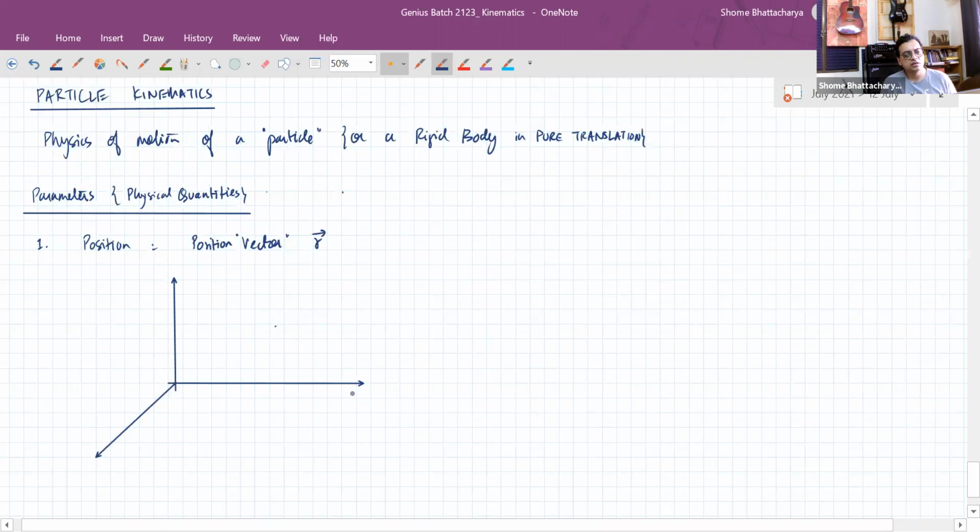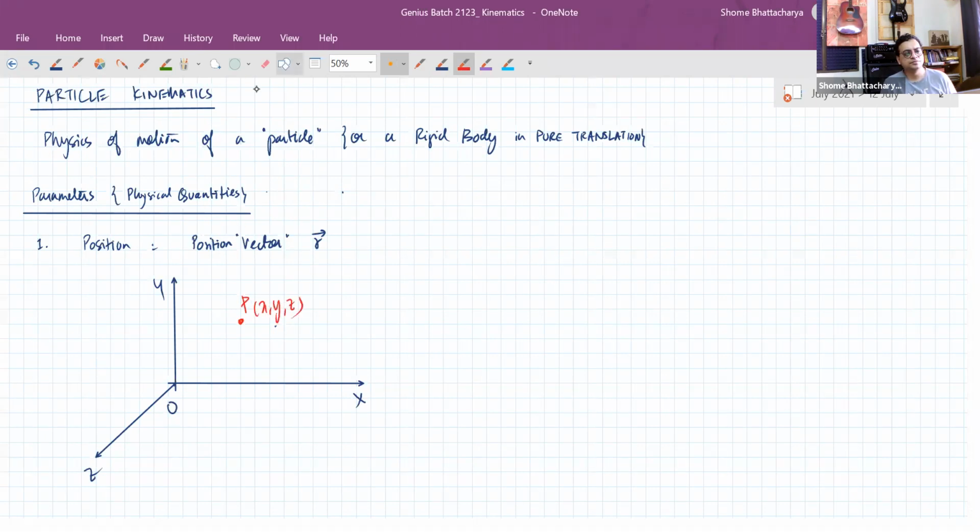So this is our general XYZ coordinate system, and a certain particle P, let's say, is at the moment located at this point, which has coordinates X, Y, Z. So you have to imagine this in 3D.